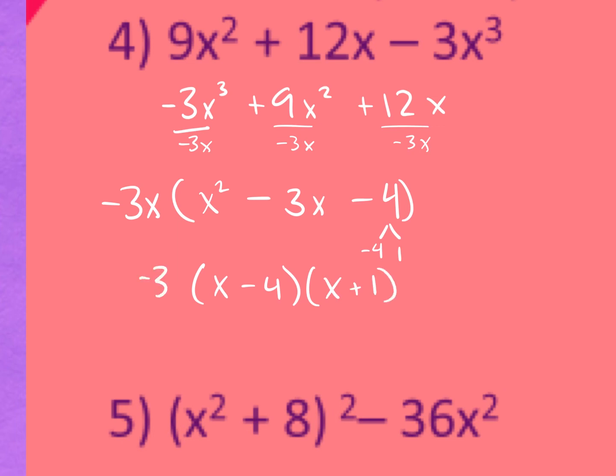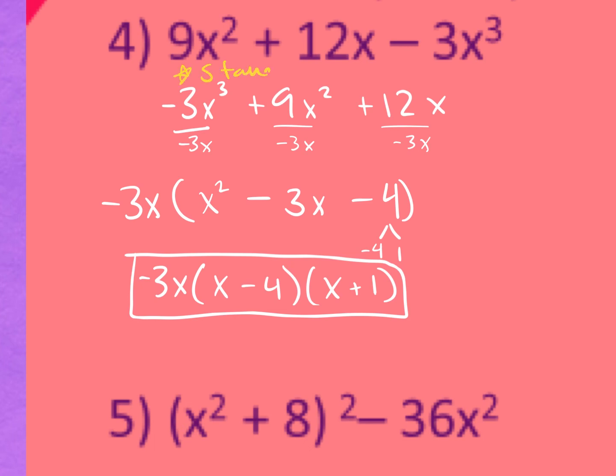And then that negative 3x just stays on the outside. So for this one, I started by putting it in standard form. Then I took out a GCF. And then I just had to factor it normally.